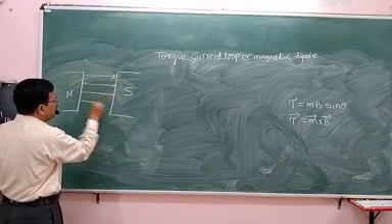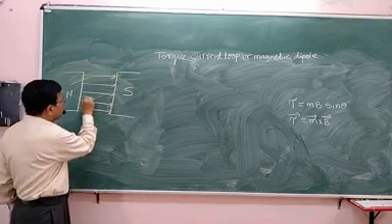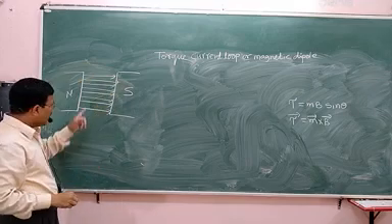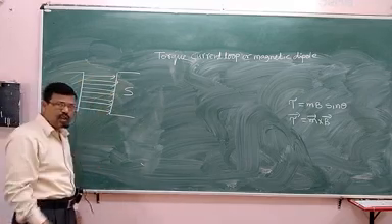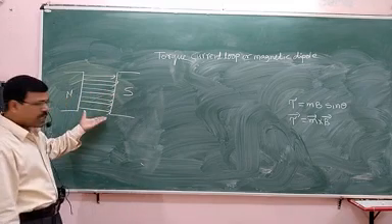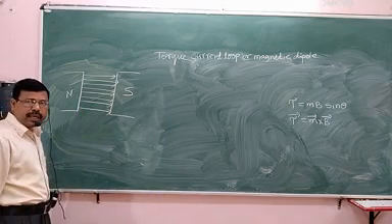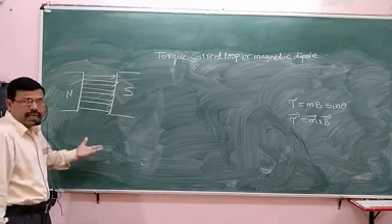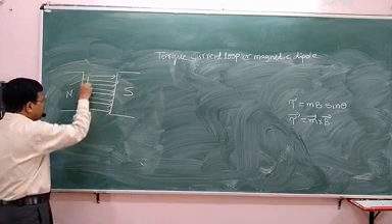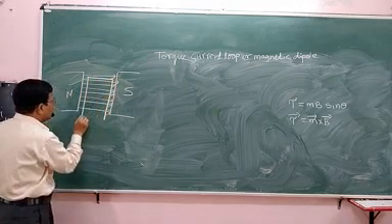A uniform magnetic field is that magnetic field in which at every point the strength of the magnetic field is the same. In such a uniform magnetic field, I am going to keep a magnetic dipole, a current loop. So let me consider here is a current loop.